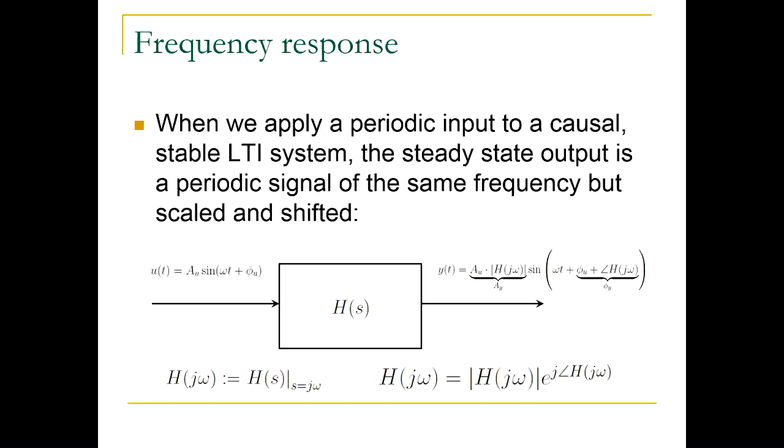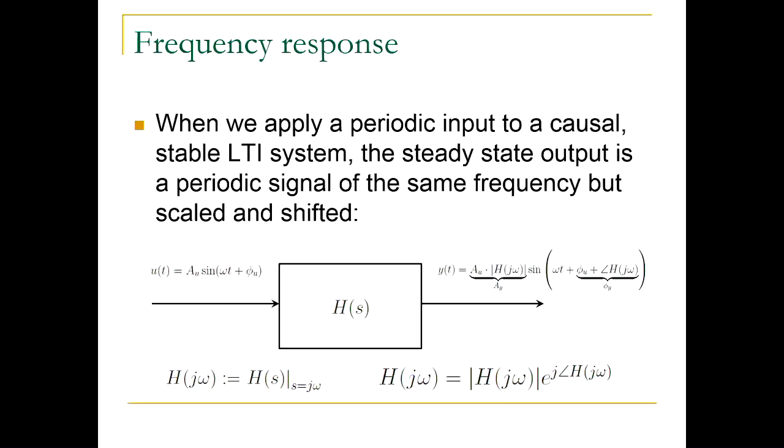That is the output amplitude. So amplitude scales with the magnitude of H at j omega, and the phase changes exactly by the amount coming from H evaluated at j omega. So you can immediately write the steady state output if I give you sinusoidal input, right, in this way. All right. So that's what we covered in the last lecture. By the way, for all of this, we assumed that the system is stable, right?